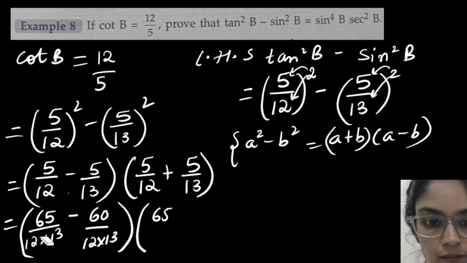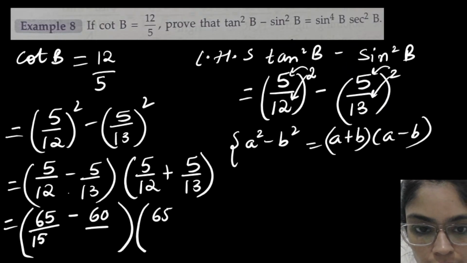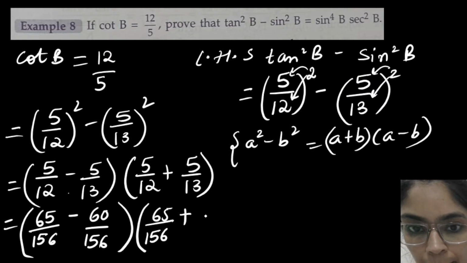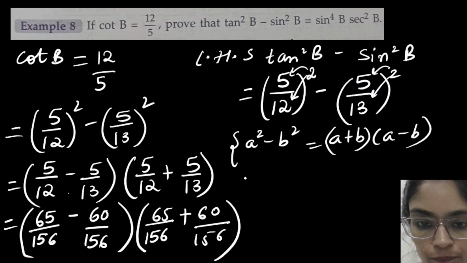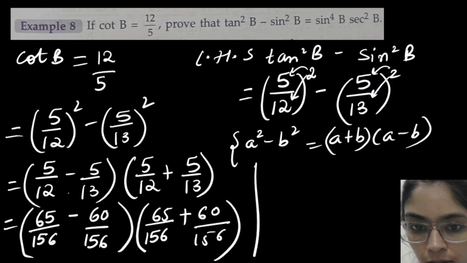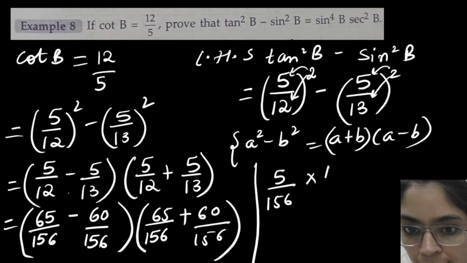So Shaksham has answered. Here I am just going to write 156. This is 156. This also 156. So this is 65 by 156 plus this is 60 by 156. So if we simplify, so this is 65 minus 60 is 5 by 156 into this, if you add, this will become 125 by 156.